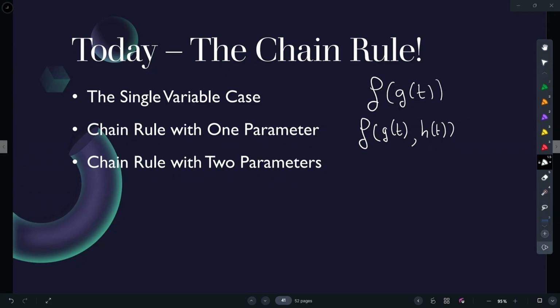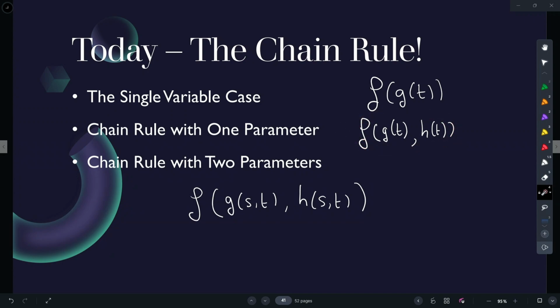But we can do more complicated things, and we could evaluate at things that are also multivariable. So we can do something like g of s and t, and evaluate here at g of s and t. And then here, I could only take derivatives with respect to t.